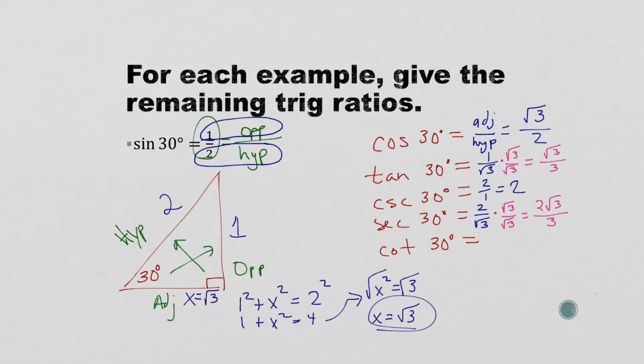Cotangent is going to be the reciprocal of that. So I have 3 over the square root of 3. But when I go to rationalize, I end up with 3 square roots of 3 over 3.